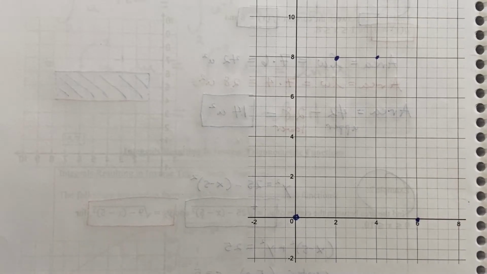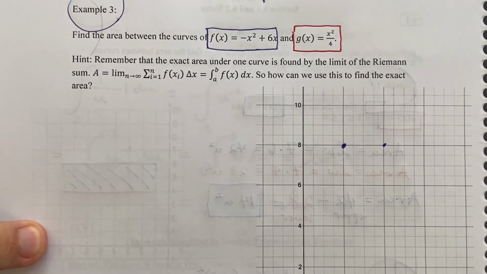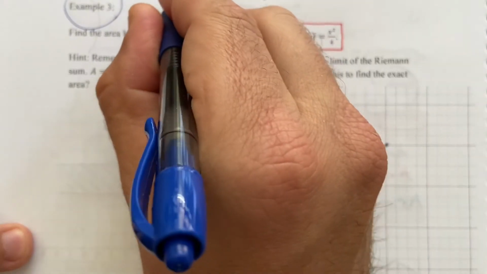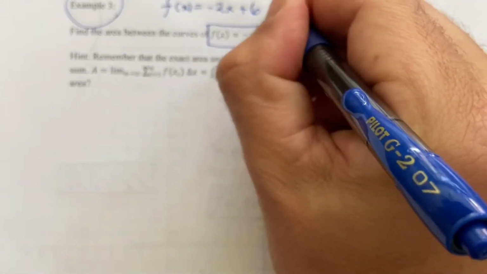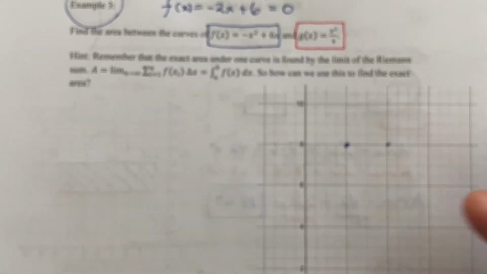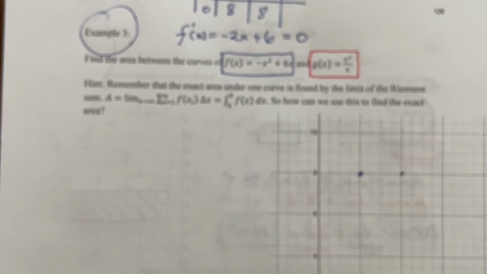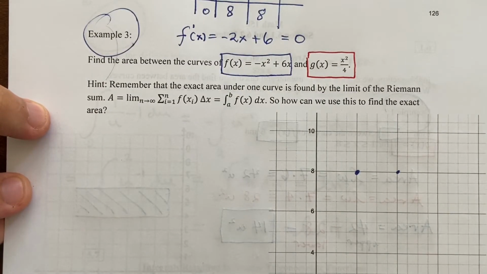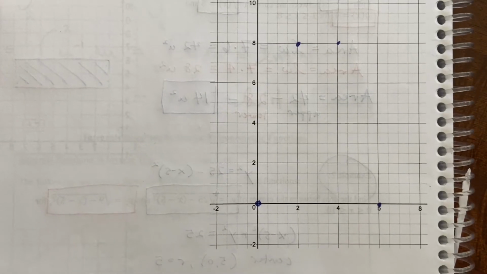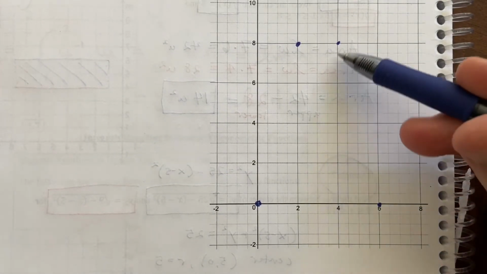If I wanted to figure out where the vertex is, I can take the derivative, right? f prime of x equals -2x plus 6. Set this equal to 0, because the vertex will occur at a local max. Solve this, it looks like a 3. Naturally, it's a 3, because right in between these 2 points, there's a 3.